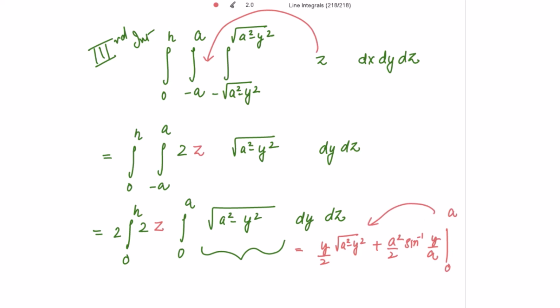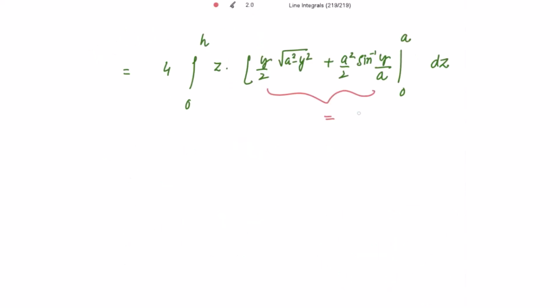On putting the upper limit, this first term is 0 and this second term becomes a square by 2 sine inverse 1, that is pi divided by 2, minus, when you put the lower limit, it becomes 0. So this is equal to 4 into pi a square divided by 4, integration from 0 to h, z dz.